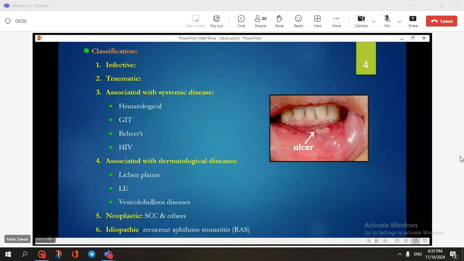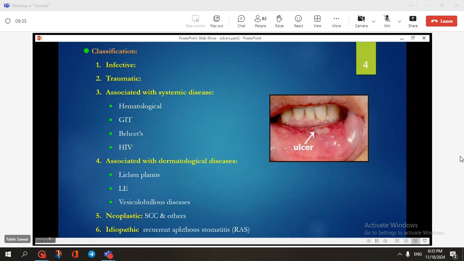Ulcers could be associated with dermatological diseases, sometimes as part of a disease that affects the skin. Because of the similarity between the skin and mucous membranes, these ulcers can also be present in the oral cavity, for example, lichen planus, the one we mentioned before, lichen planus associated with oral ulcers, lupus as well.